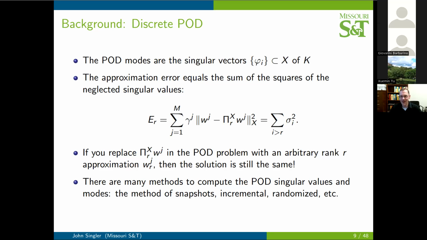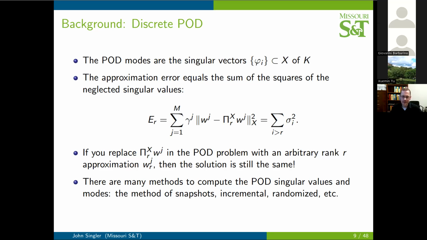It's equal to the sum of the squares of the neglected singular values. As you increase R, you hope that these singular values decay quickly to zero, and then this overall error decays quickly to zero as R increases, which means you can use a low value of R to capture the data very well.